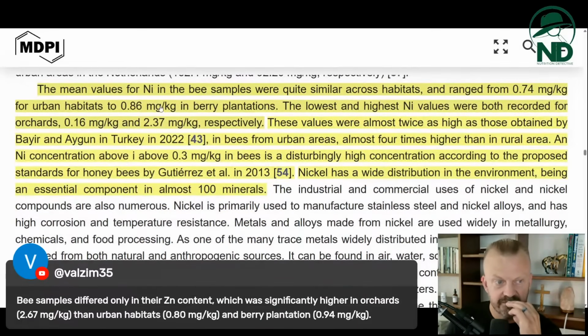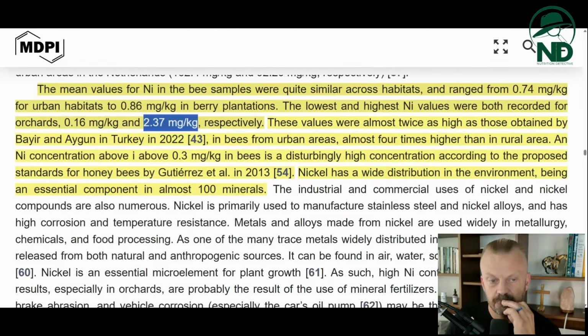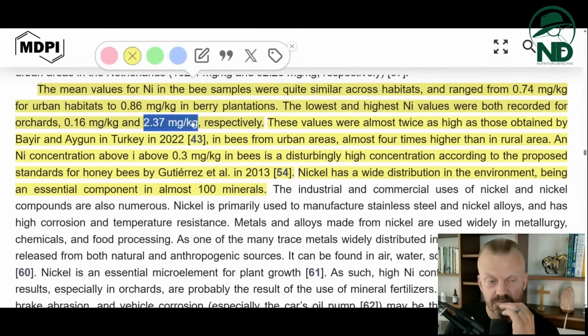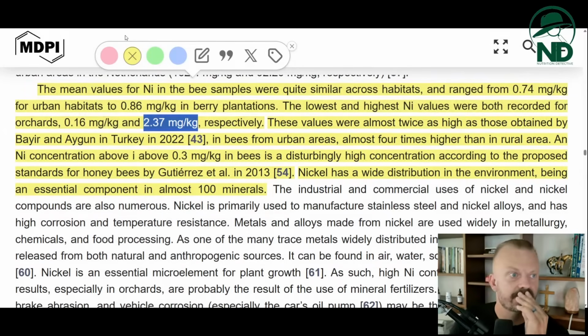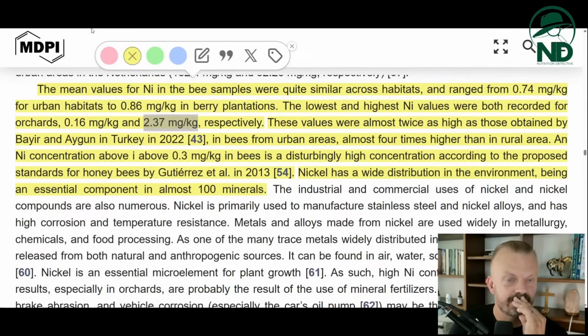Orchards had the very highest nickel value. So again, maybe the zinc was protecting the bees. Disturbingly high, 8 times higher than the suggested limit. So yeah. Thank you, Val, for pointing those things out.